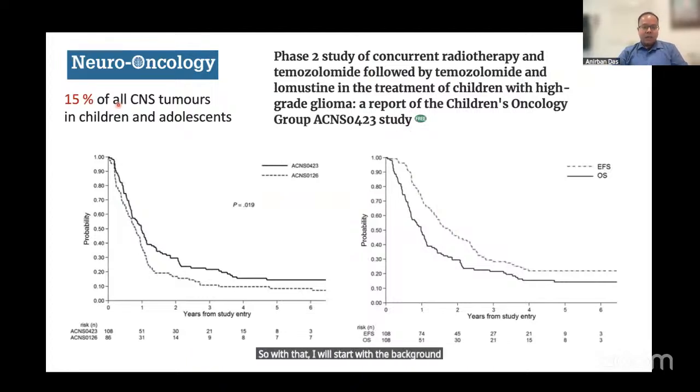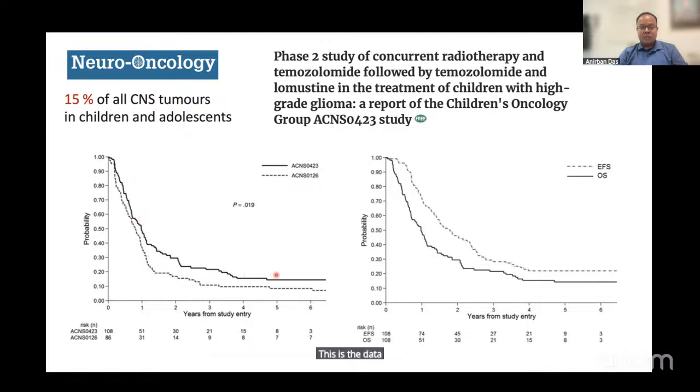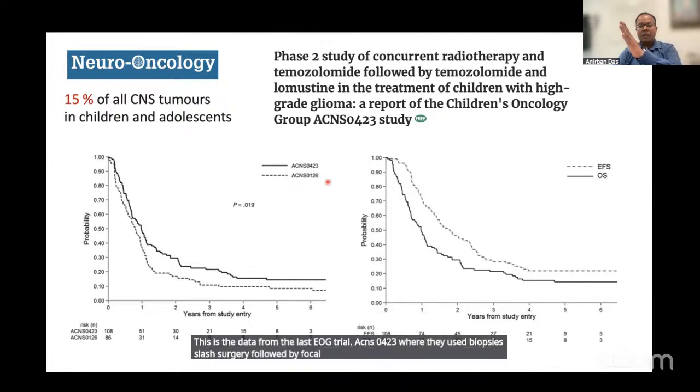Pediatric high-grade glioma is 15% of all CNS tumors in children and adolescents. And things unfortunately have not changed, unlike in medulloblastoma, over the last 50 to 60 years. This is the data from the last COG trial, ACNS 0423, where they used biopsy/surgery followed by focal radiation, followed by temozolomide and CCNU, and the radiation was with temozolomide.